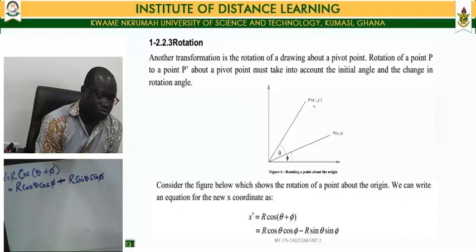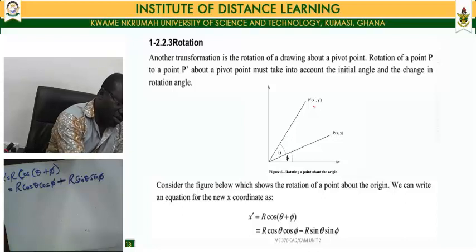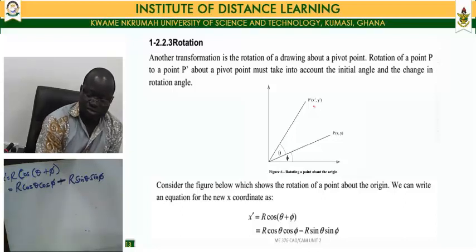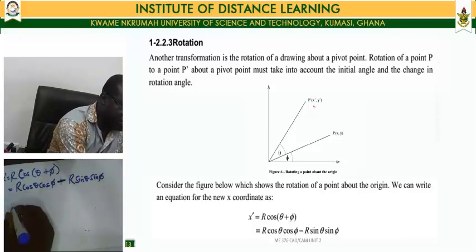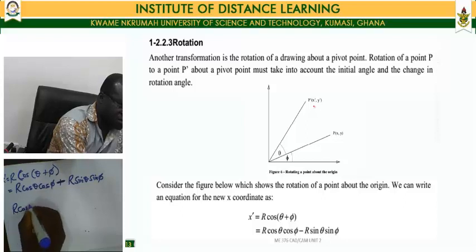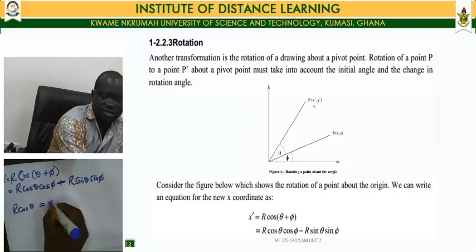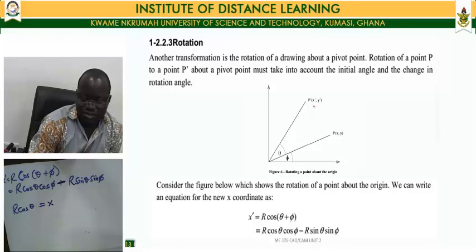Okay, so if we look at this sketch, we notice that r cos theta is actually equal to x, which is this transformation, this point coordinate.